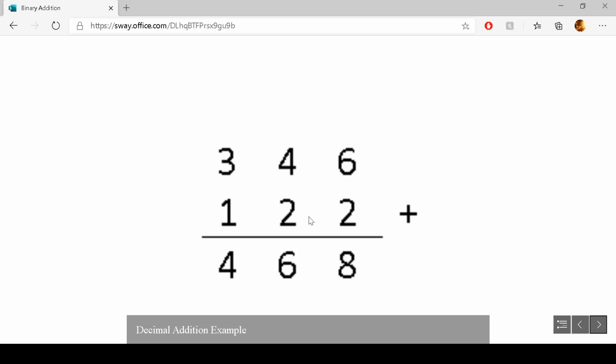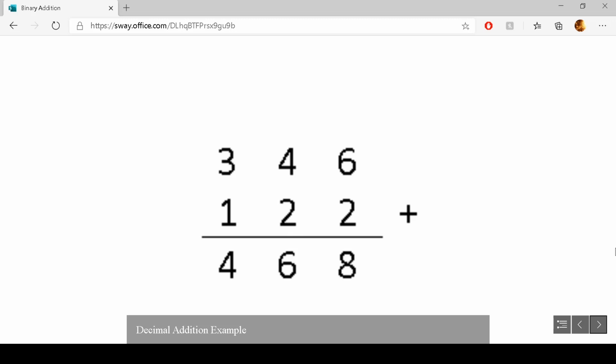Moving on to the next column, we have 4 plus 2. The result is 6. There is no carry, so we place 6 in the result section. And moving on to our last column, we have 3 plus 1. 3 plus 1 is 4, so we put 4 in the result column and there is no carry.